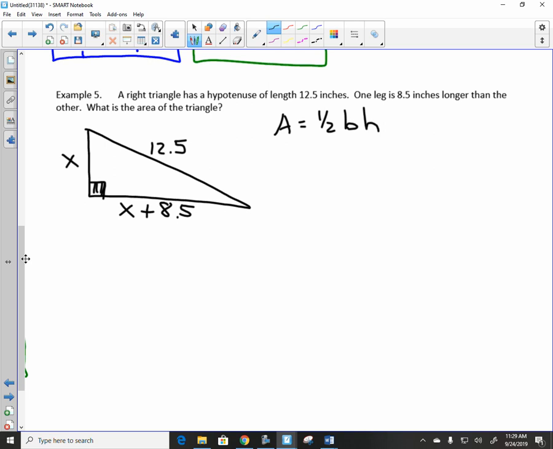Good thought. Fortunately, that does not work out. You've already said the answer once. I've got to find x, right? How can I find x? Pythagorean theorem.